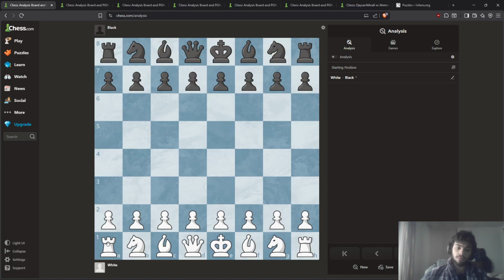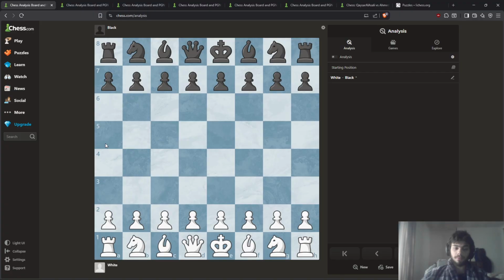So this would be the first rank, the second rank, the third rank, and so on. And we have a letter system. This is the A file, the B file, and the C file for these.